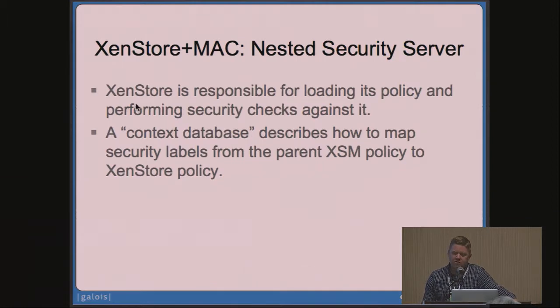So the way we do that is we use what's called a context database, which is a very simple file that just maps security IDs from the parent to security IDs in the child. And that mapping can be one-to-one, many-to-one, or one-to-many, however you like. And that covers a lot of bases with how your hypervisor policy is written. In all of our examples, it's one-to-one, so I don't actually show any examples of that, but that flexibility is there if it's needed.